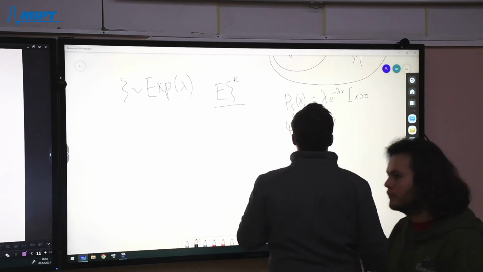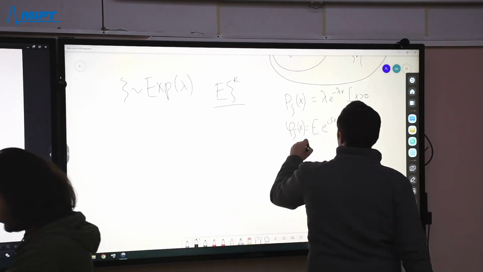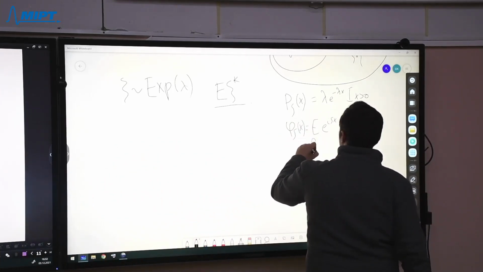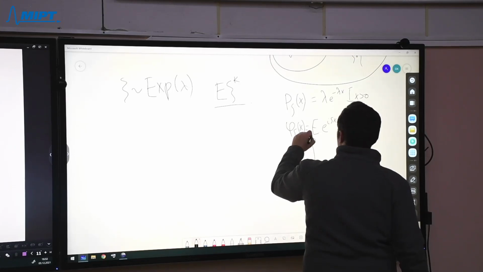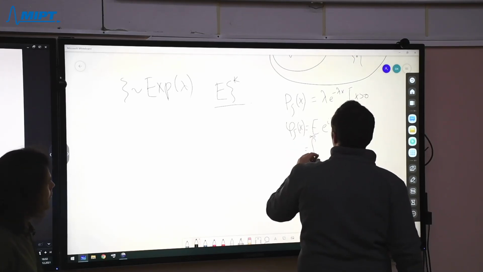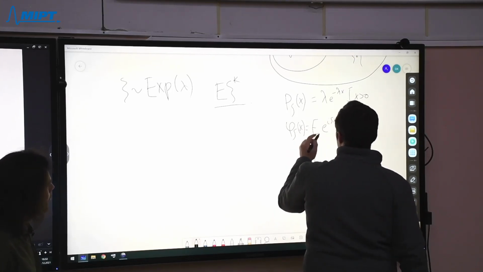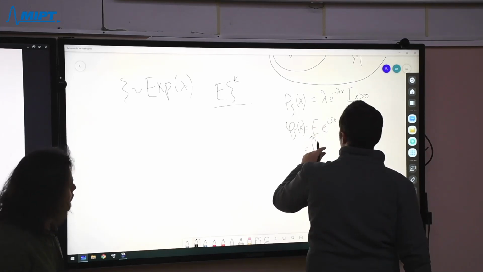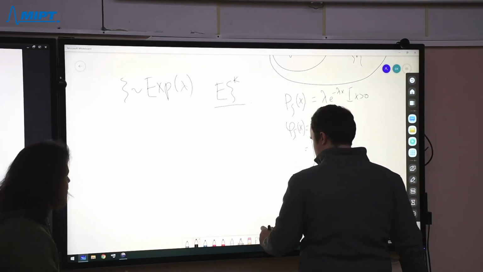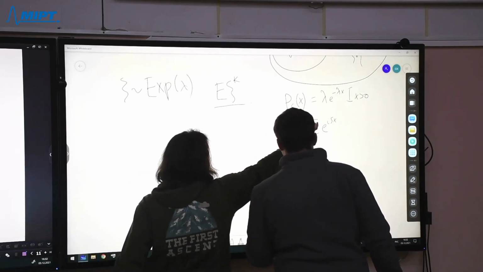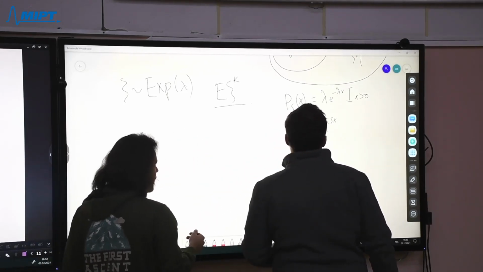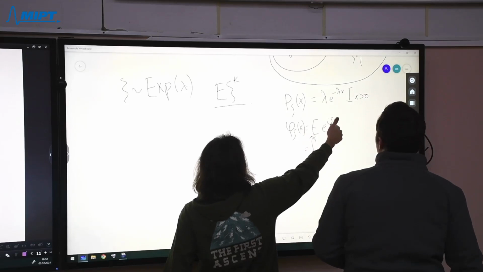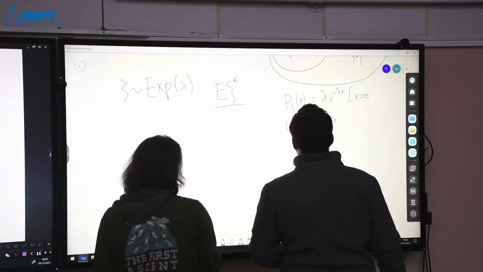The integral from minus infinity to infinity. Don't forget, if you are looking at the expected value of psi, it's x times the density, but you are looking at the expected value of a function of psi.